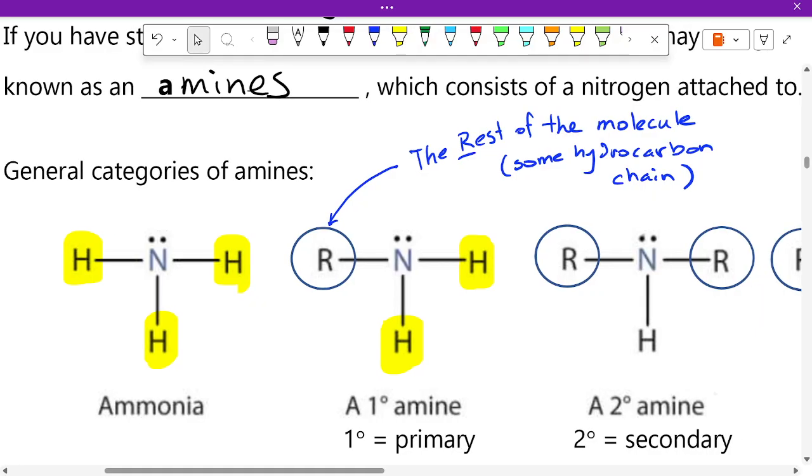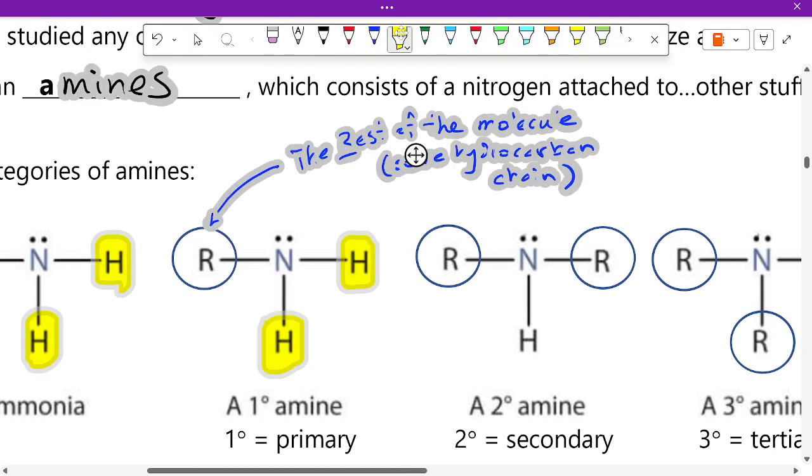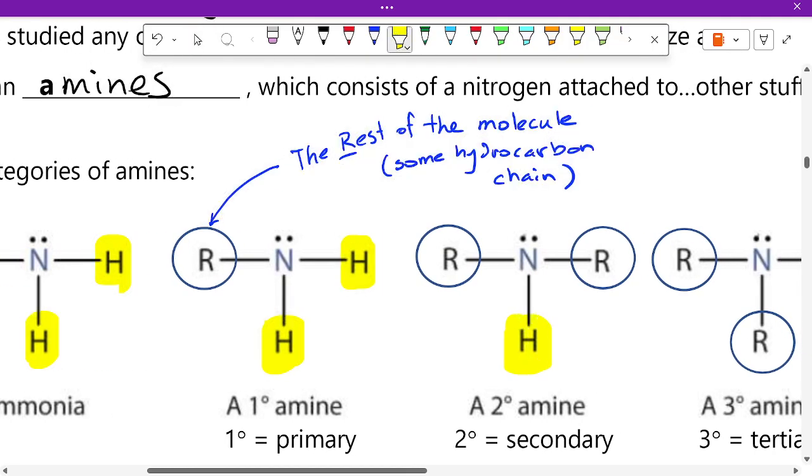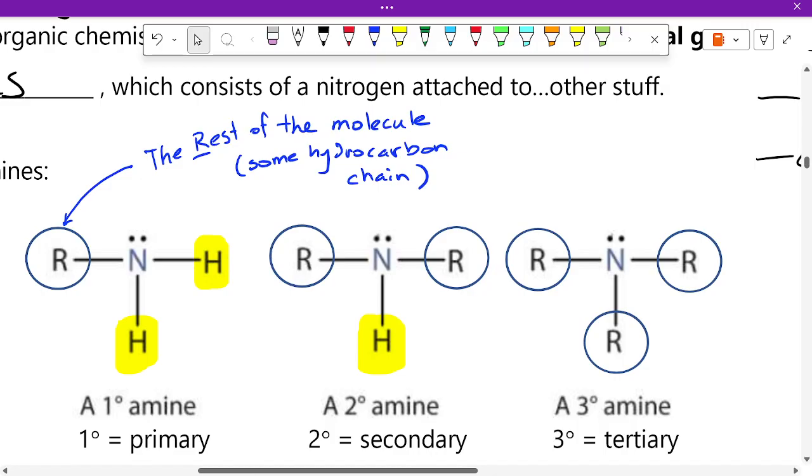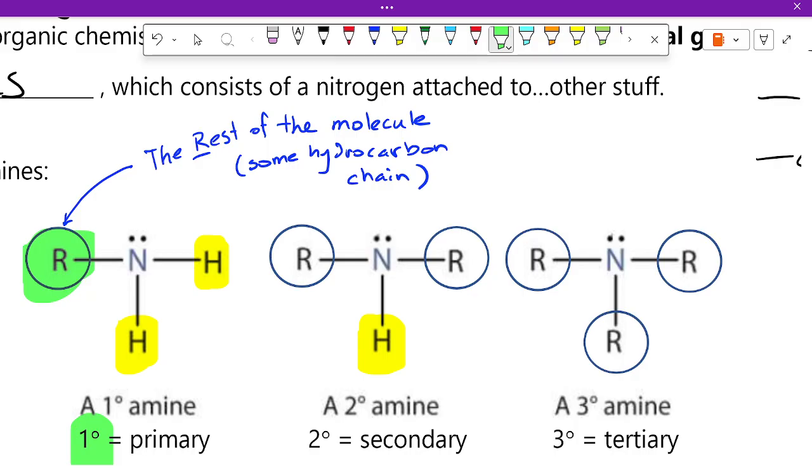You might have 1 hydrogen and 2 R groups. And you might have a nitrogen with no hydrogens at all. It's just attached to carbon chain, carbon chain, carbon chain. We call these primary amines, where we have just 1 R group. If we have 2 R groups, we call that a secondary amine.